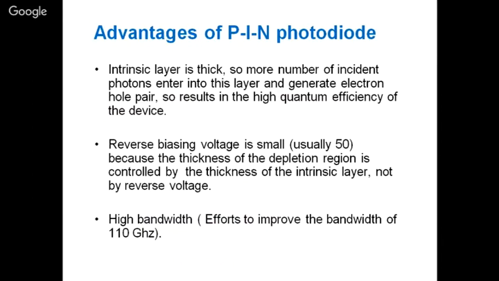Reverse bias is small, usually 5 volts, because the thickness of the depletion region is controlled by the thickness of the intrinsic layer, not by the reverse voltage. And it has a high bandwidth, as I said, 110 gigahertz is possible with PIN photodiodes. They have solved our problem of high data rates.